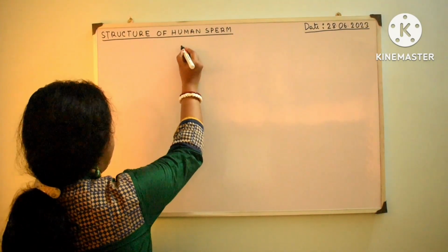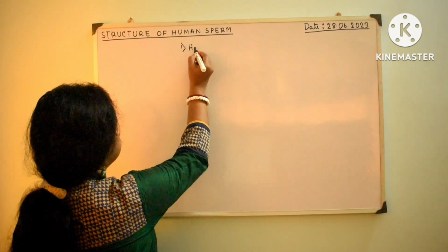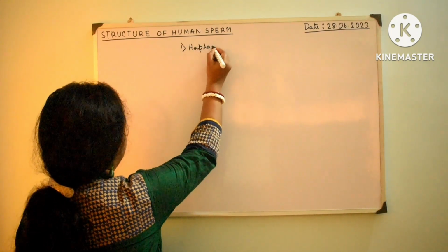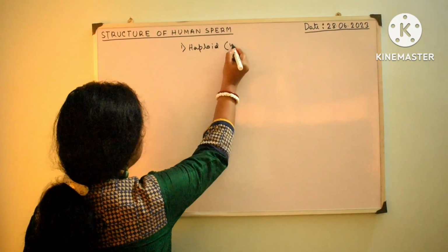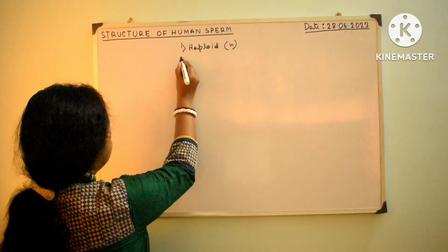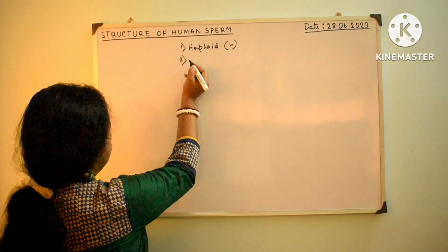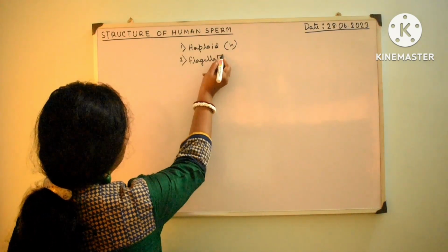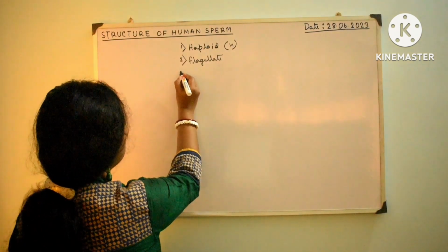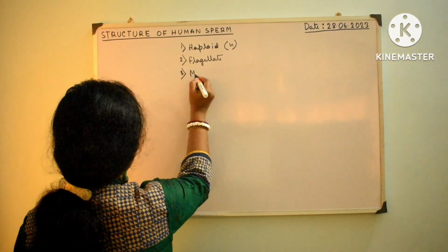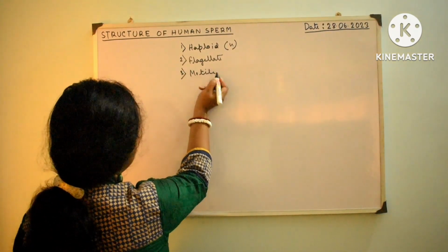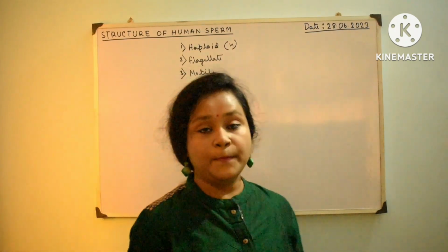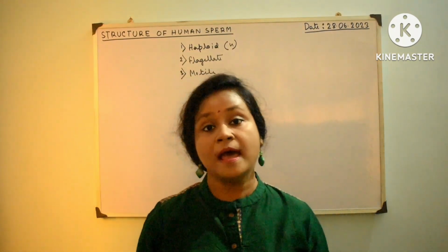Sperm is haploid in nature. Haploid means the chromosome number is N. This one is flagellate and this one is motile. So these are the basic information about sperm.